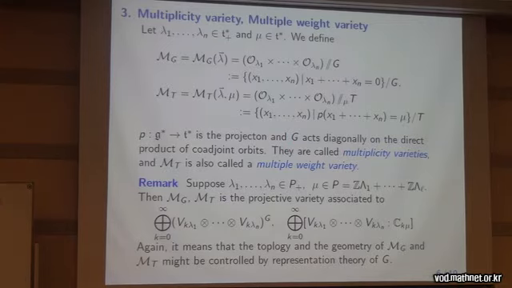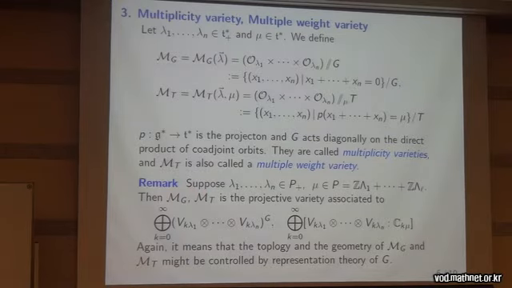Okay, suppose lambda 1 to lambda n are dominant weights, and mu sits in the weight lattice. In this case, Mg or Mt is a projective variety associated to this graded algebra.